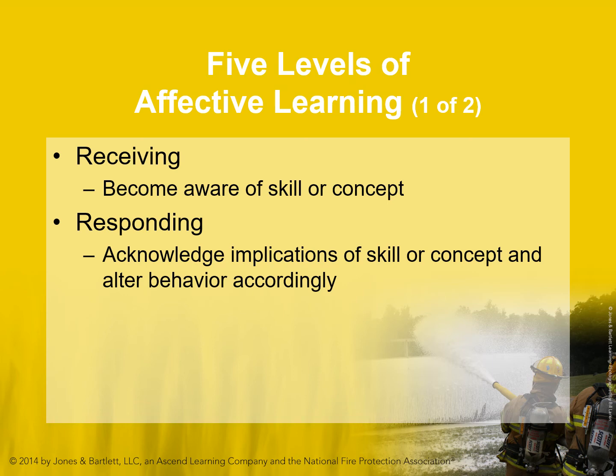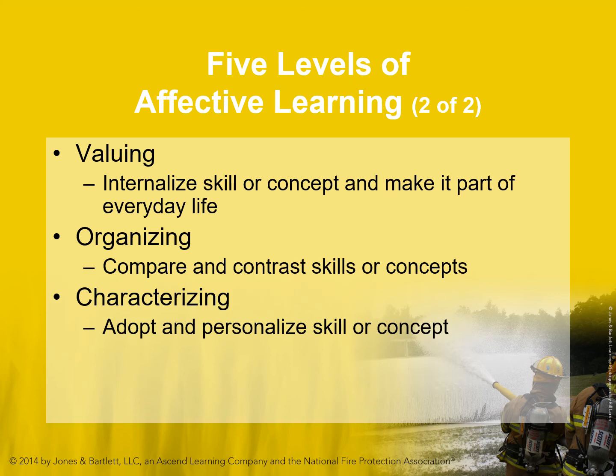Five levels of affective learning: receiving, or becoming aware of the skill or concept; then responding, acknowledge implications of the skill or concept and alter the behavior accordingly; valuing, internalize the skill or concept and make it part of everyday life; organizing, compare and contrast skills with concepts; and then characterizing, adopt and personalize a skill or a concept.